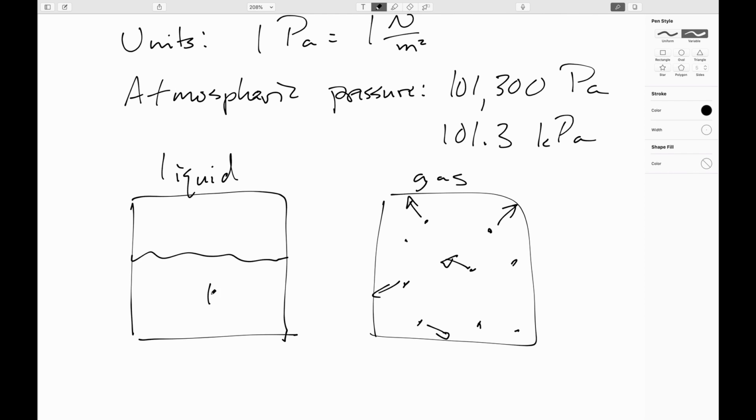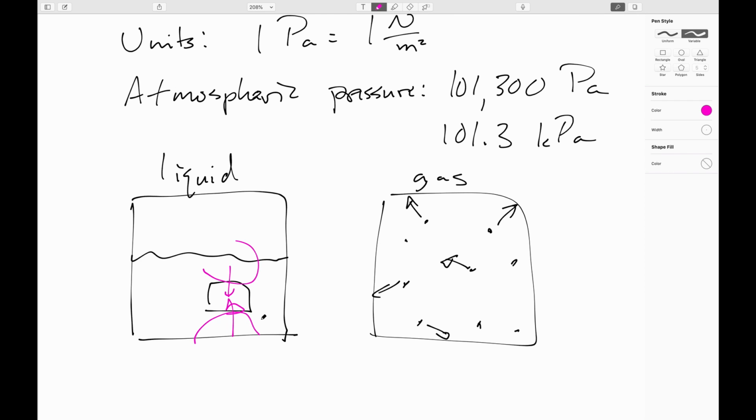If I look at some small slab of liquid here, it has to support the weight of all of the fluid above it. You've got all the fluid above it pushing down on it, and all the fluid below it pushing up on it. Because the fluid itself has some weight, the fluid underneath is going to have to push up harder than the fluid up above.